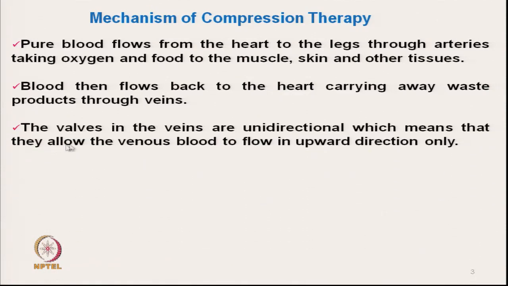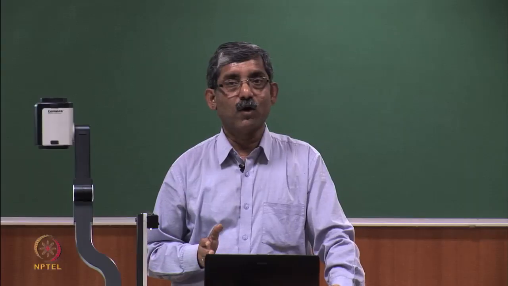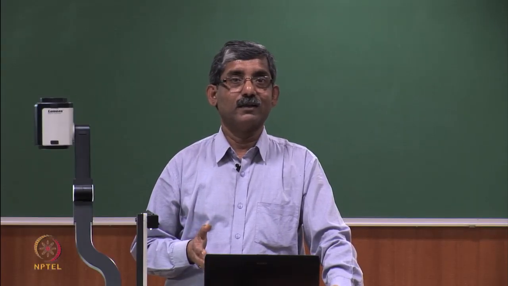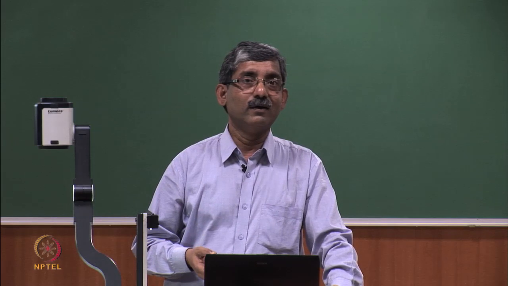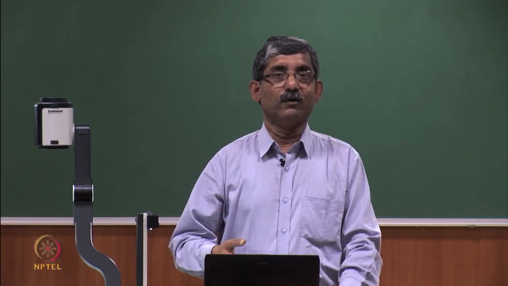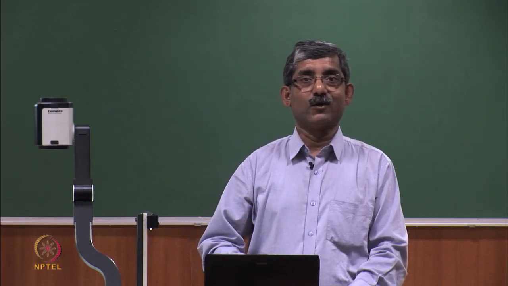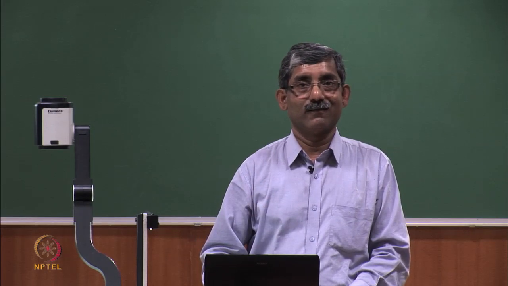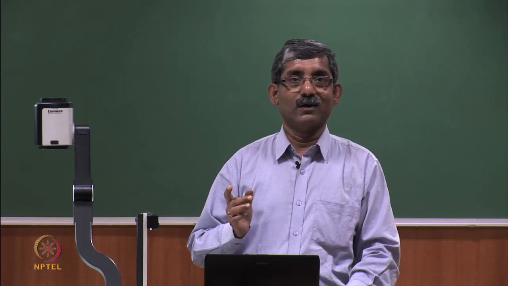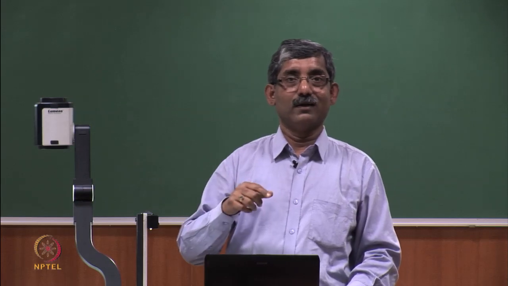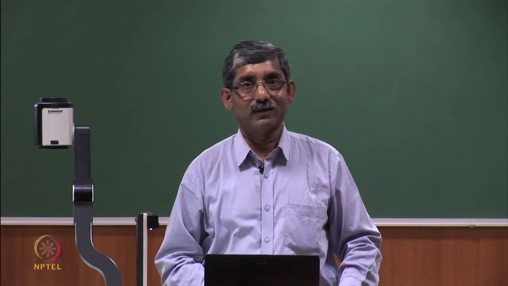The valves in the veins are unidirectional, which means that they allow the venous blood to flow in the upward direction only. So, if the valves work properly, they will only allow the blood to flow from the leg to the heart. It will not allow the blood to flow backward.